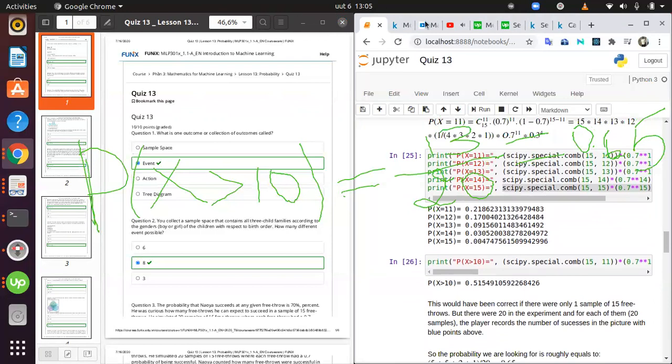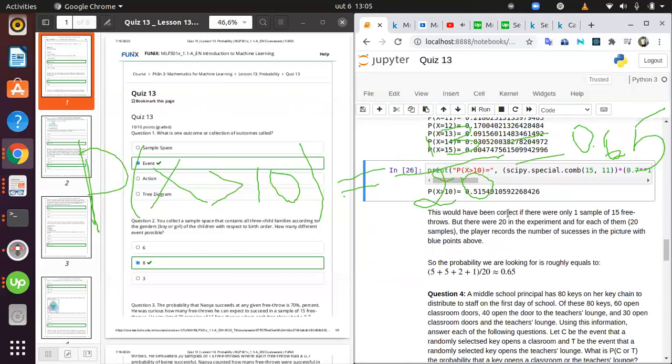You had to do all this process because it was only one sample. And I said later that as it is not the case, you should do it like this: you make the sum, you divide by 20, and you get your result. Oh, okay. Yes, I got it.